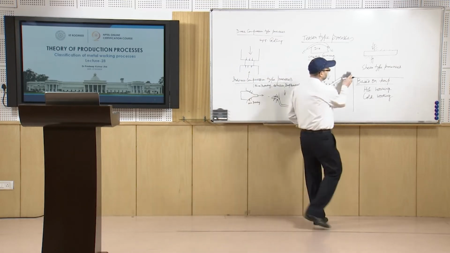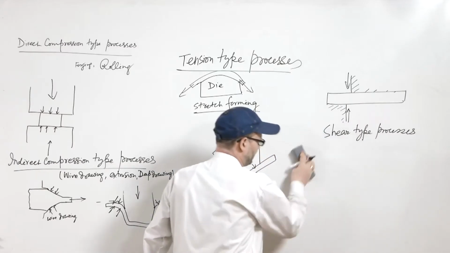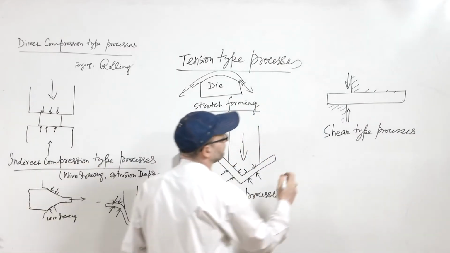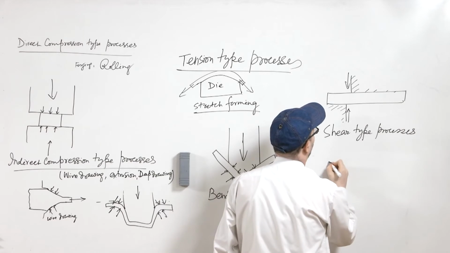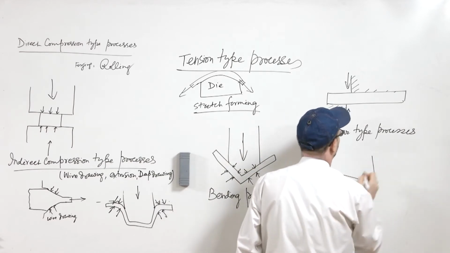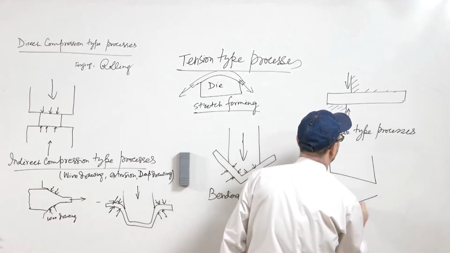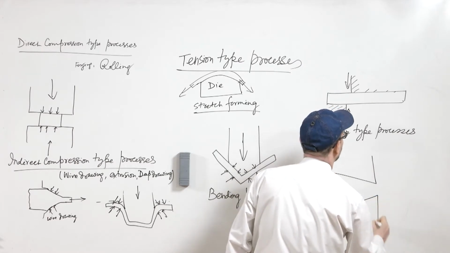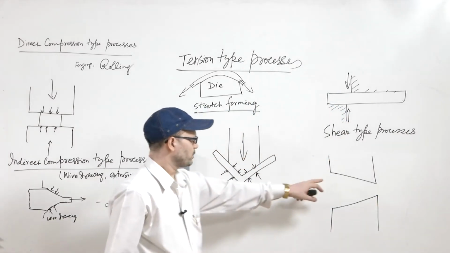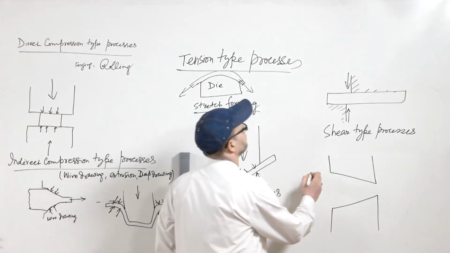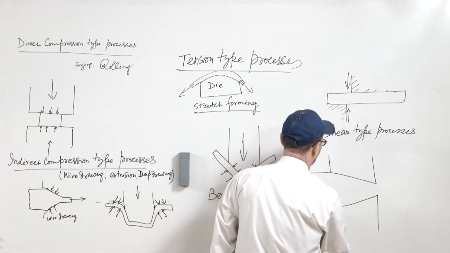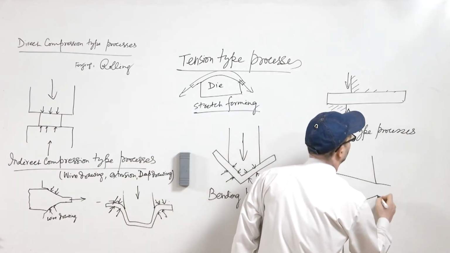If you look at a typical deformation process, suppose you have a die like this.